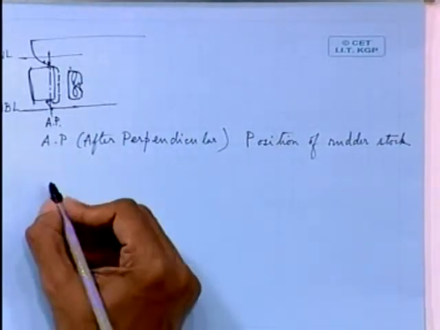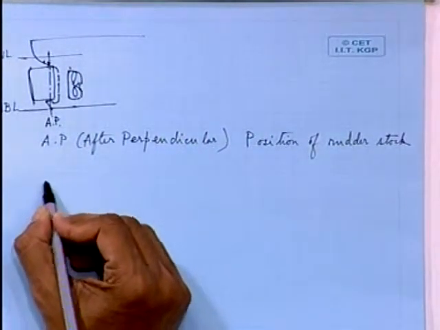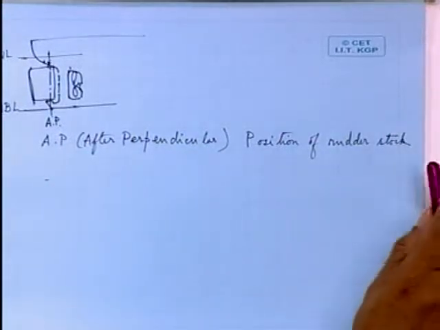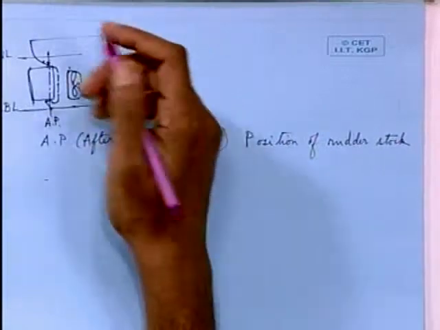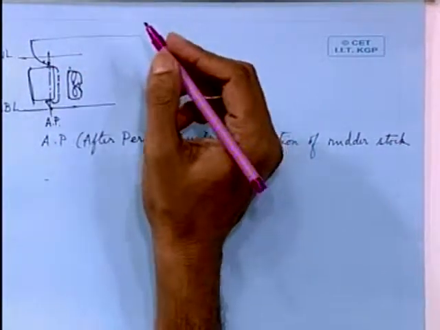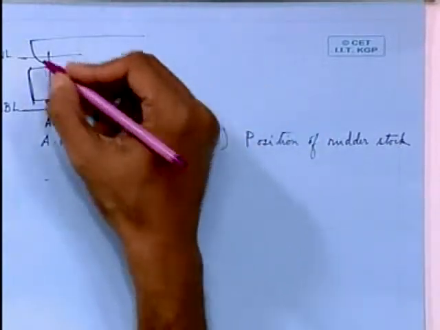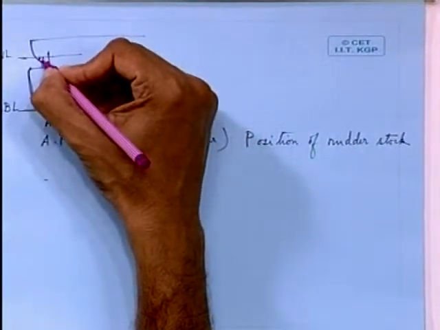Now, if you have a spade rudder, so here actually there is one thing that is happening, that if you base your hydrostatic calculation on the length between your FP and AP, you are leaving out this much of volume.